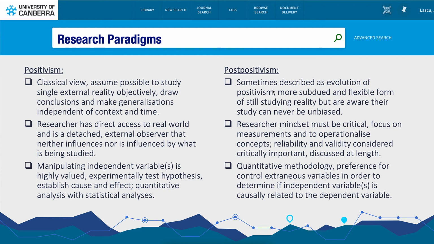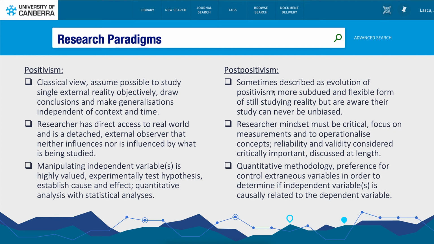Let's dive into research paradigms a little deeper. Firstly, we have positivism, which is a classical view, and it assumes that it is possible to study a single external reality objectively. We can then draw conclusions and make generalizations that are independent of context and time. The researcher has direct access to the real world and is a detached, external observer that neither influences nor is influenced by what is being studied.